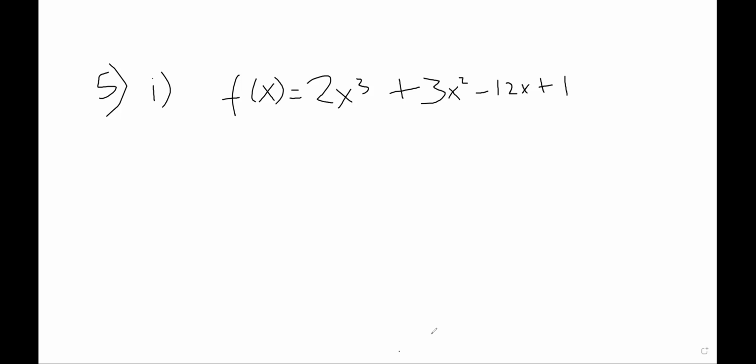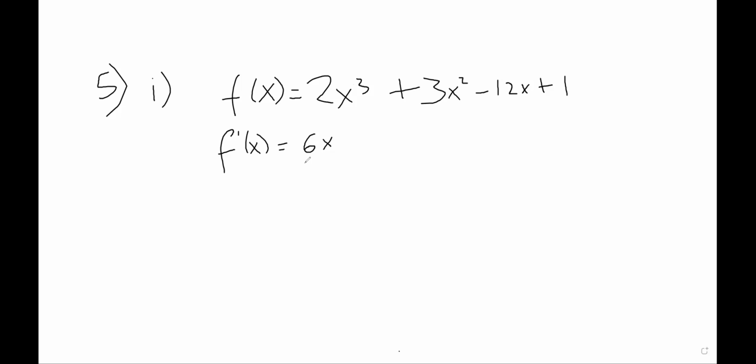So the differential of this function, we say f prime x is equal to the differential of this. First thing, 2x cubed: carry down the power, multiply by that, then you minus 1 from the power. So carry down the 3 times 2 gives us 6x, and 3 minus 1 from the power gives us 2.